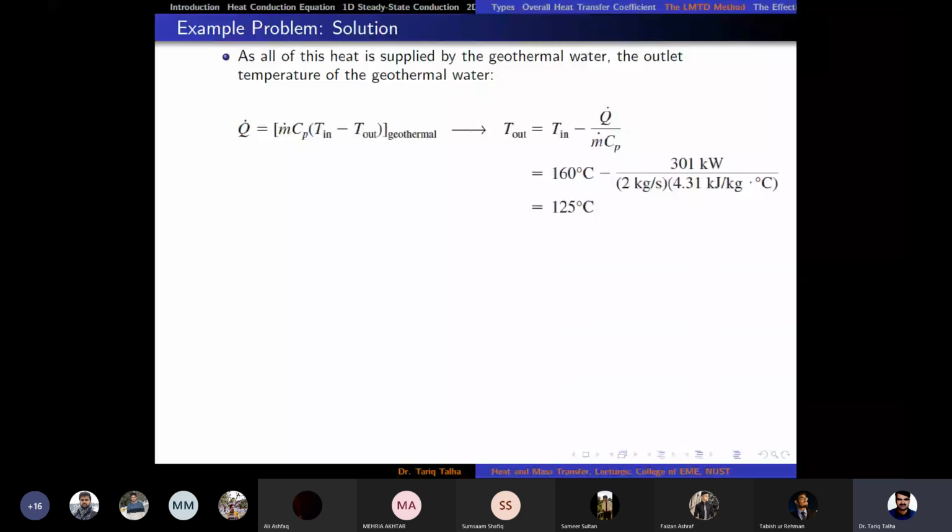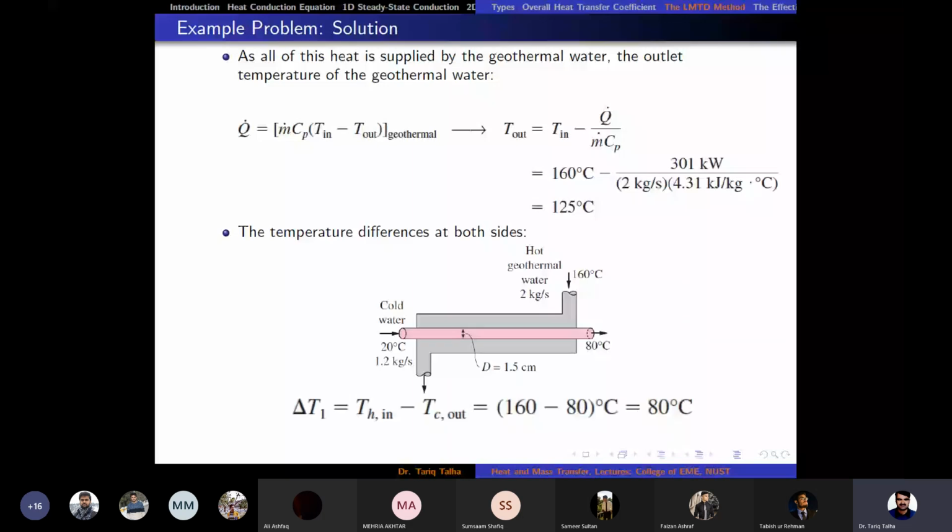Once we get this, we can find delta T1, which is Th in minus Tc out. So Th in is 160 minus Tc out, which is 80 degrees. So delta T1 comes out to be 80 degrees, and delta T2 is equal to Th out minus Tc in, which comes out to be 105.